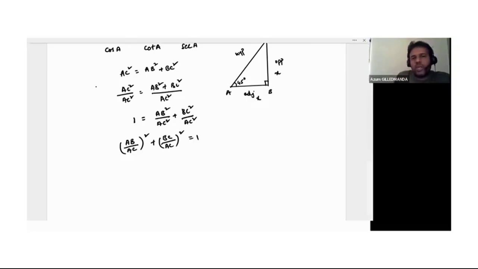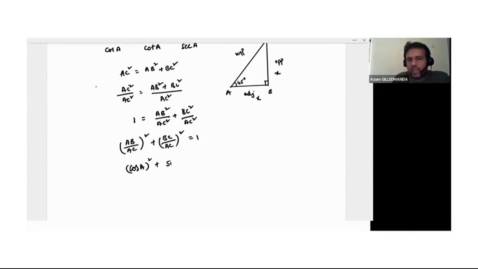Now, if you closely observe, what is AB by AC? What is AB here? Adjacent side. And what is AC? Hypotenuse. So adjacent side by hypotenuse is nothing but cos A, right? So can I write this as cos A square plus what is BC by AC? BC is opposite side and AC is hypotenuse.